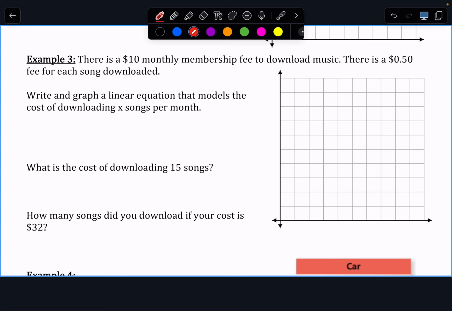Okay, I need you and your elbow partner to decide, is 10 the M or the B? Is 50 cents the M or the B? Talking would probably help. We're on example.